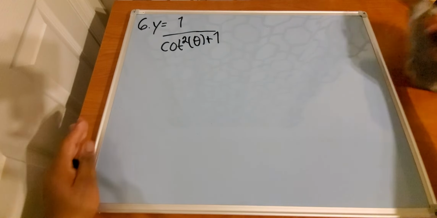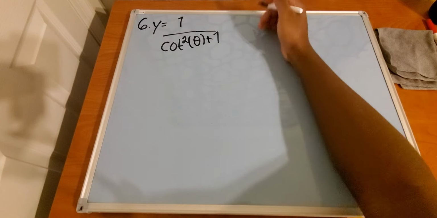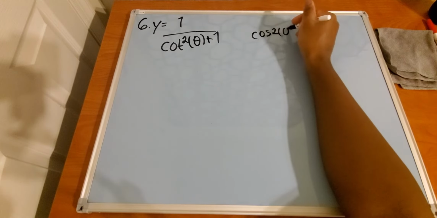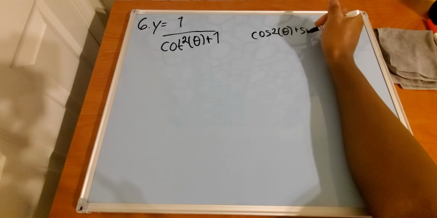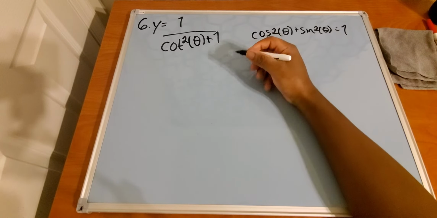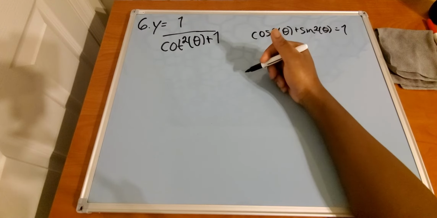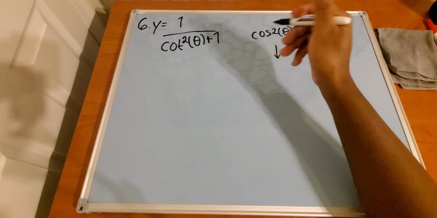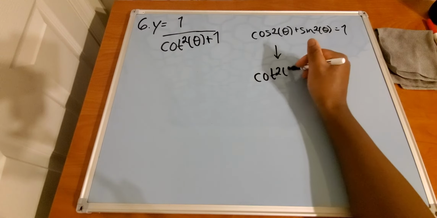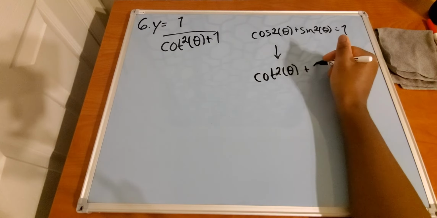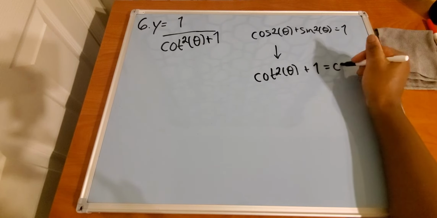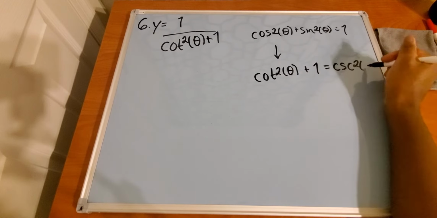Let's see if this is a trig identity, because I have a feeling it is. I don't really have them memorized, but I do have memorized cosine squared of theta plus sine squared of theta is equal to 1. So I need to get cotangent. So let's divide everything by sine squared. If I divide everything by sine squared, I get cotangent squared of theta plus 1 is equal to 1 over sine squared theta, which is cosecant squared of theta.